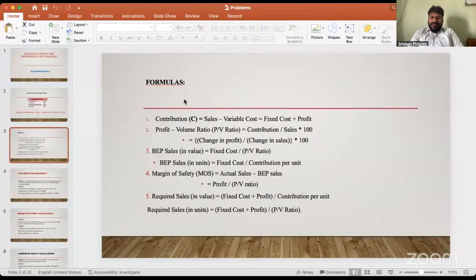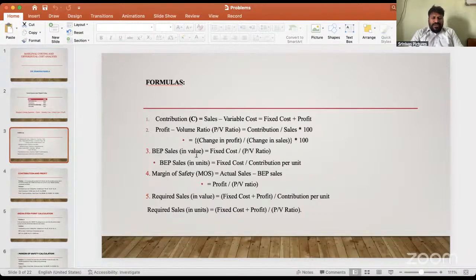See here, the formulas we are going to use in marginal costing. For the calculation of contribution: sales minus variable cost, or fixed cost plus profit. For profit volume ratio: contribution by sales into 100, or change in profit by change in sales into 100.